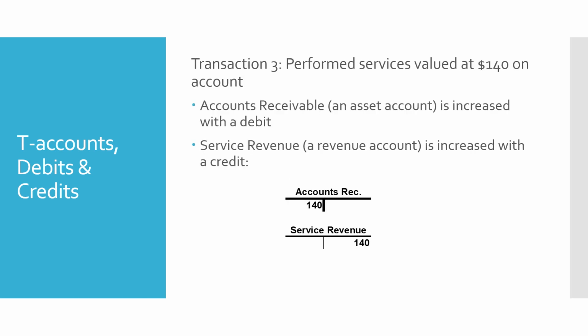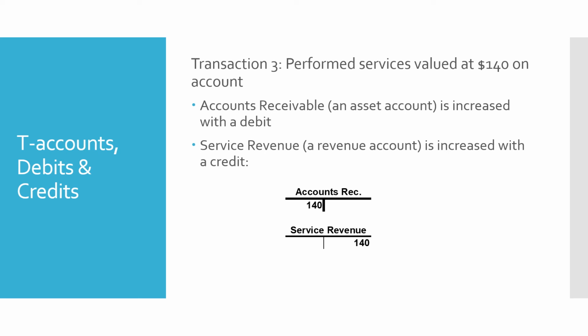Transaction number 3, we perform services valued at $140 on account. All right, so we've got this on account verbiage going on again, but in this case, we're not buying something, we're selling something, we're performing services. So we perform services and send the customer a bill.